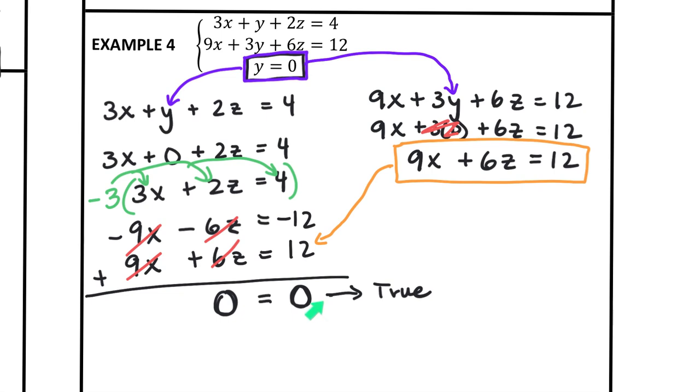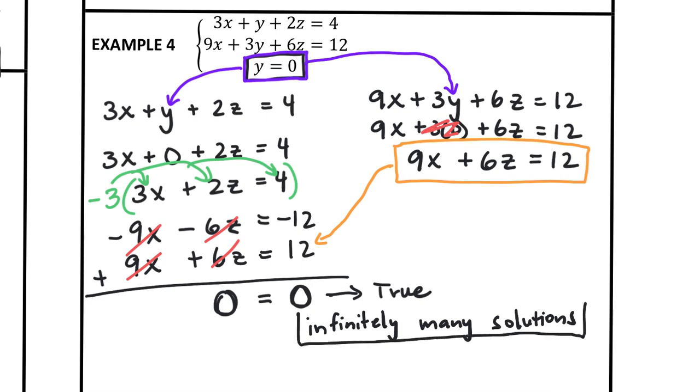I ended up with a true statement about numbers. And so if I end up with 0 equals 0, then I have infinitely many solutions. Infinitely many solutions.